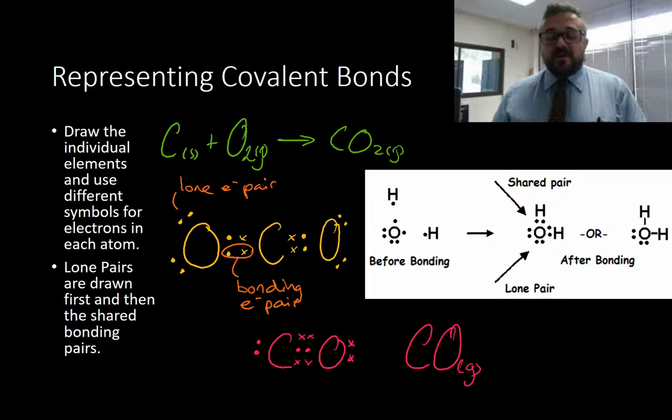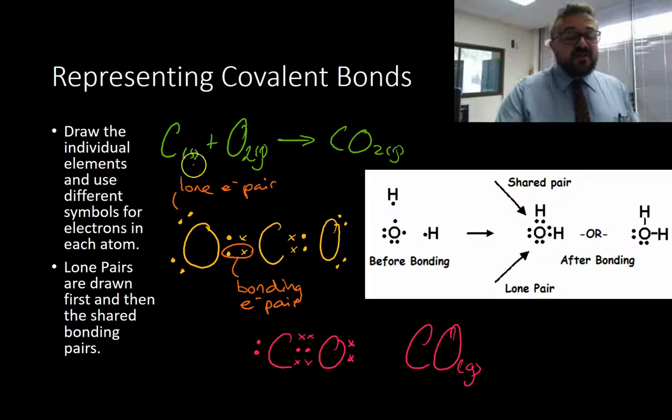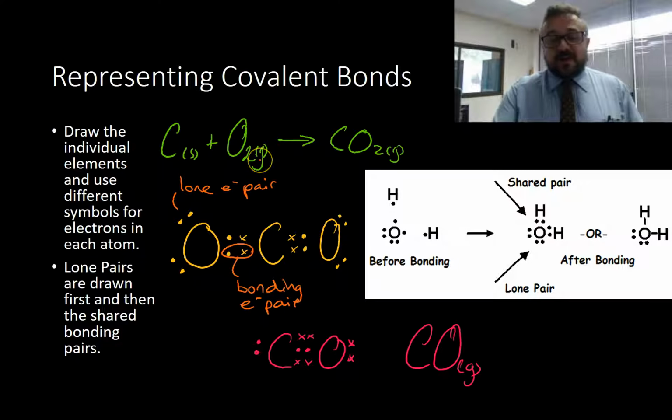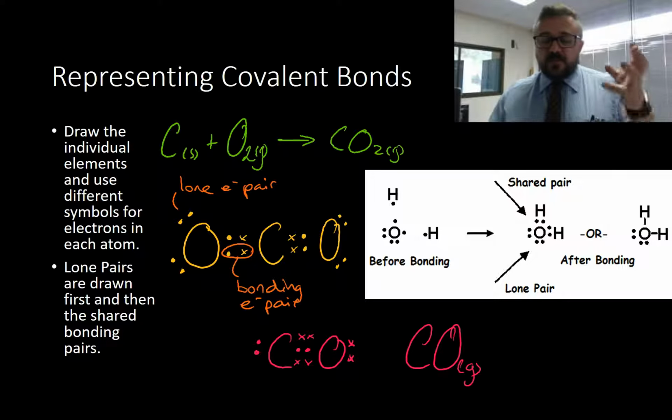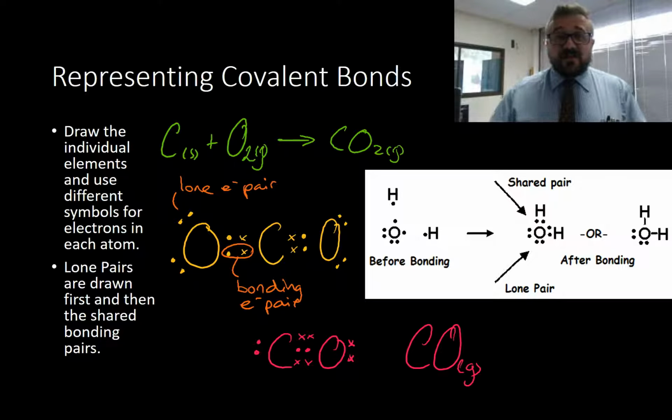Now, how do we represent these using Lewis dot structures? First, when we burn carbon, that's the graphite in a pencil, with oxygen, we get carbon dioxide. With the Lewis dot structure, we only draw the valence electrons, and if you're unsure, there's another video of mine you can check out with a bit more detail on how this is done.